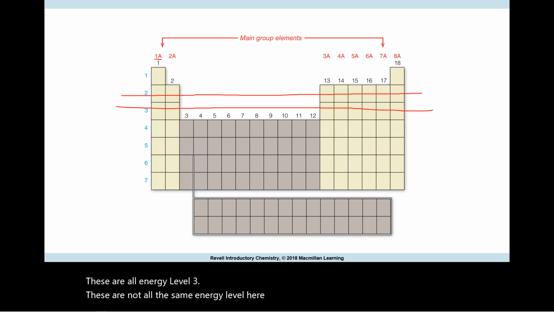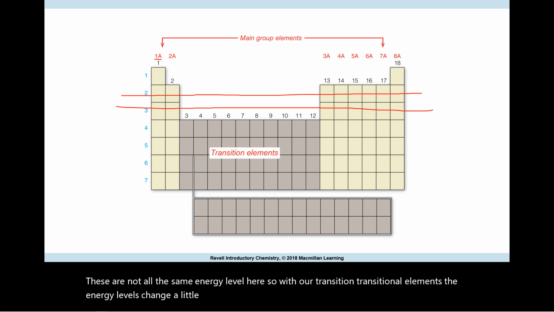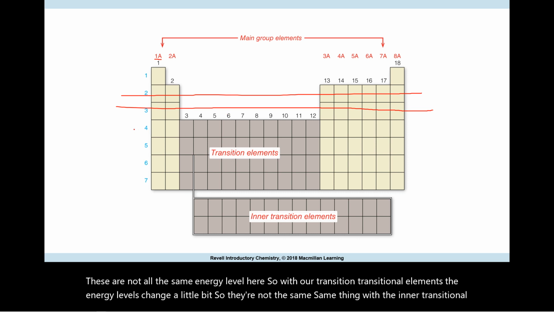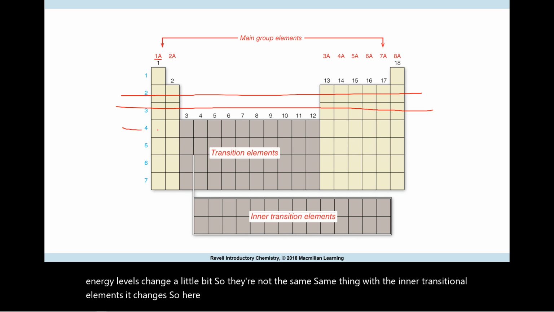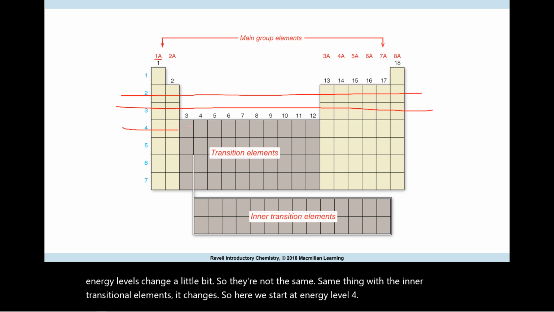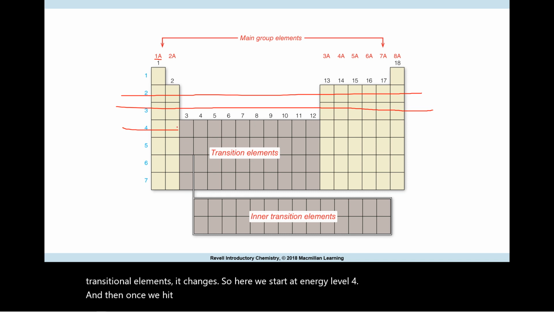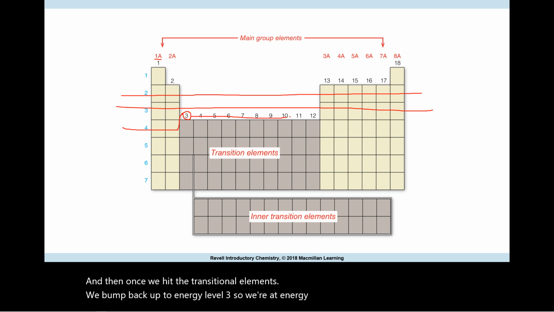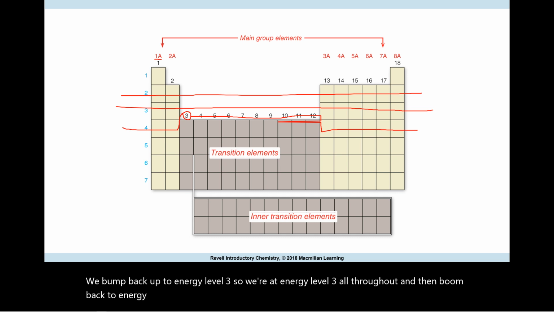So with our transitional elements, the energy levels change a little bit. So they're not the same. Same thing with the inner transitional elements. It changes. So here we start at energy level 4, and then once we hit the transitional elements, we bump back up to energy level 3. So we're at energy level 3 all throughout, and then boom, back to energy level 4.